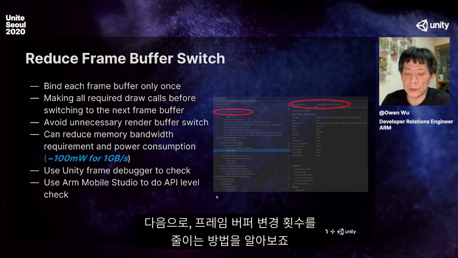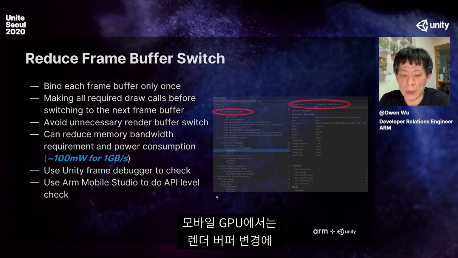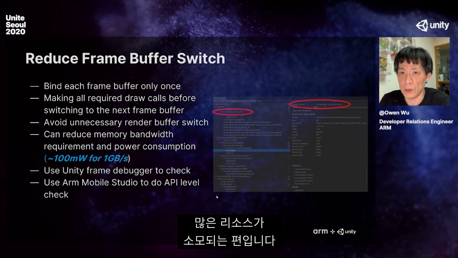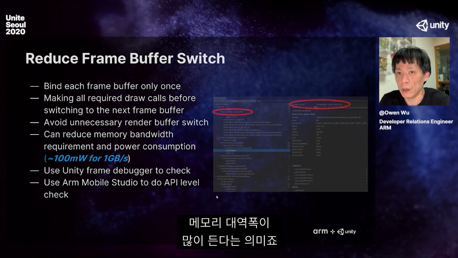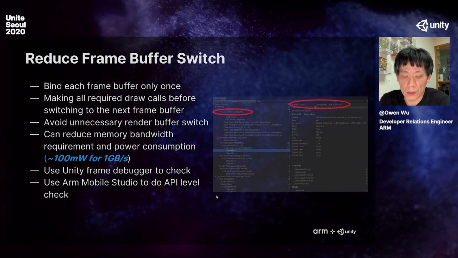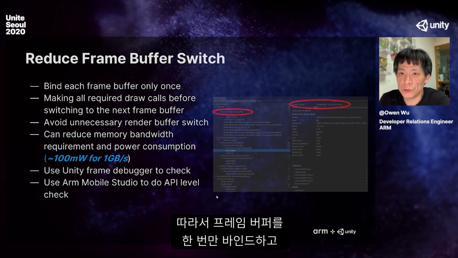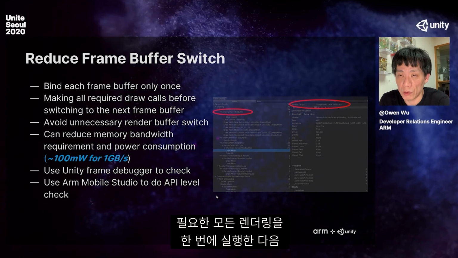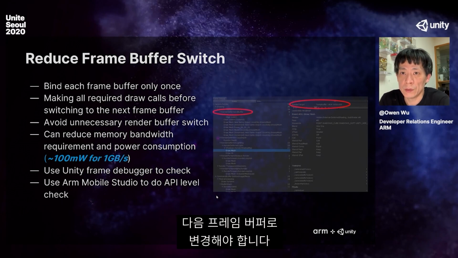And next one, reduce frame buffer switch. On a mobile GPU, a frame buffer switch is kind of expensive. It will cost a lot of memory bandwidth. So you should bind the frame buffer only once and make all required rendering at once, then switch to the next frame buffer.